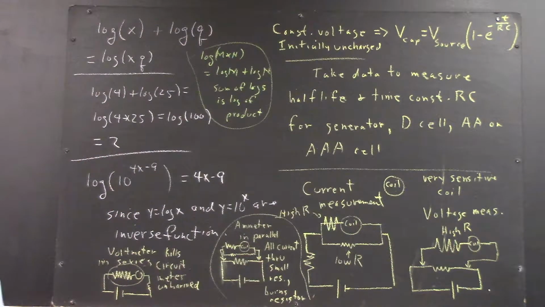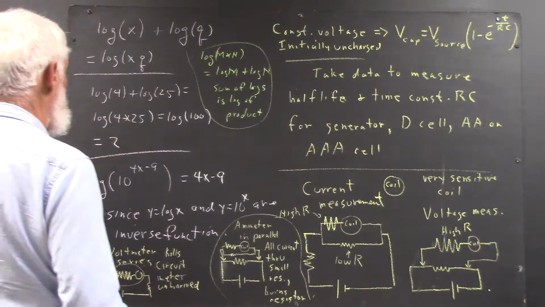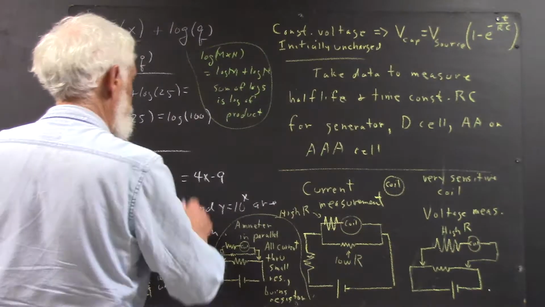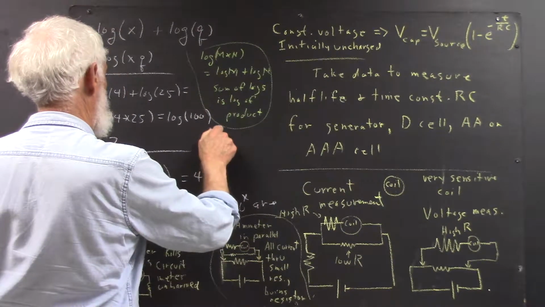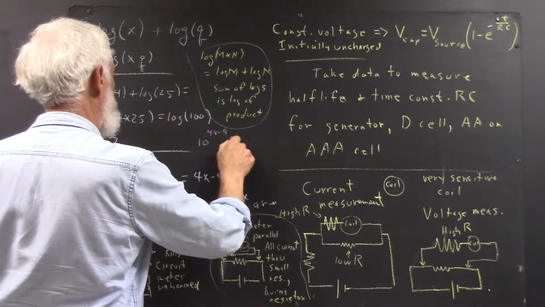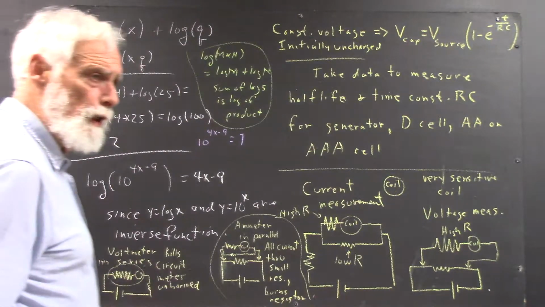So just so you have your money's worth out of watching this, let me solve one. Okay? Let's say we have then the equation 10 to the 4x minus 9 equals 7. Okay? How are you going to solve that equation?